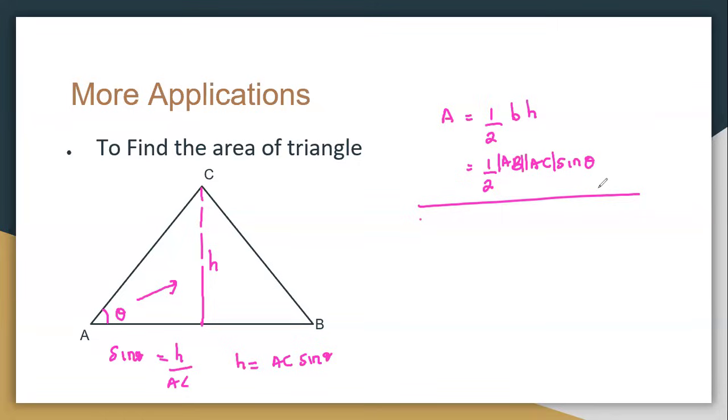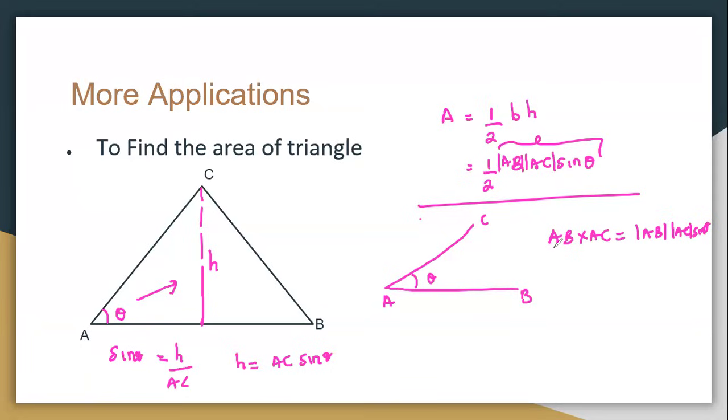But now, if we bring in the knowledge of cross product, we say that if this is our reference point A, this is point B and C, and this is the angle theta, it means that when you have AB cross AC, you'll end up with the magnitude of AB cross AC sine of theta. Now, where there is the whole of this, you can now put this.